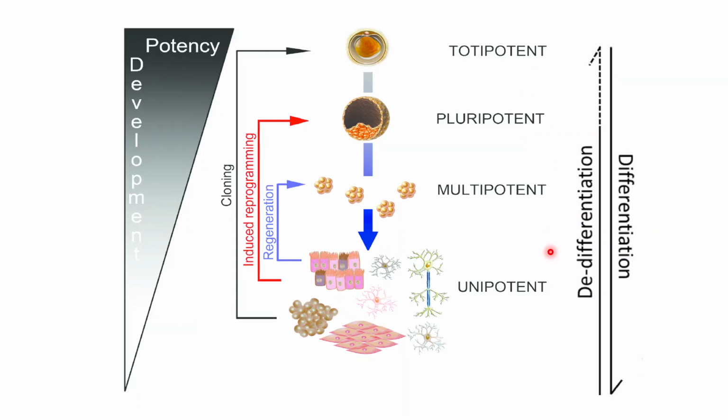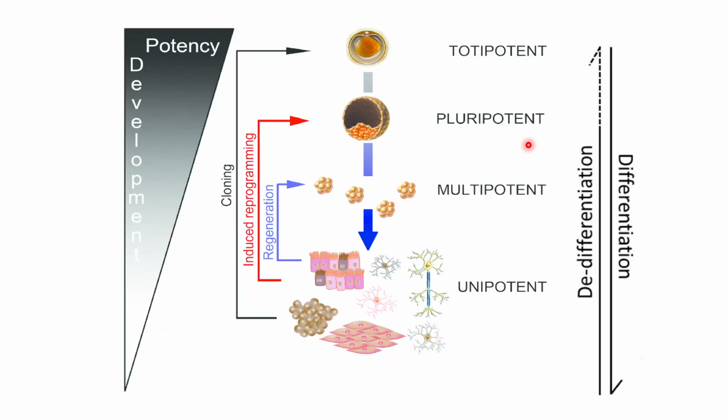Since this pluripotency is induced, we call them the induced pluripotent stem cells. This technology was first discovered by Shinya Yamanaka in the year 2006. He's a Japanese scientist, and he was also awarded the 2012 Nobel Prize for this technology.